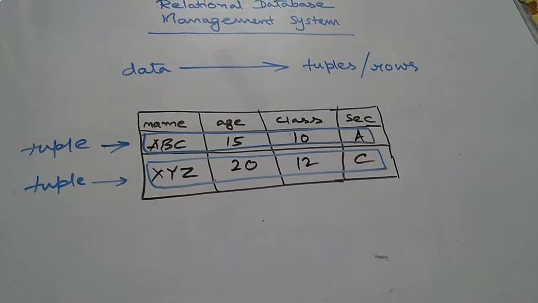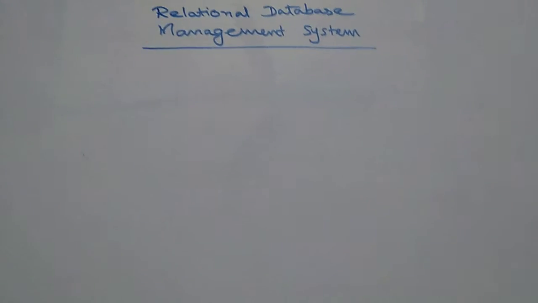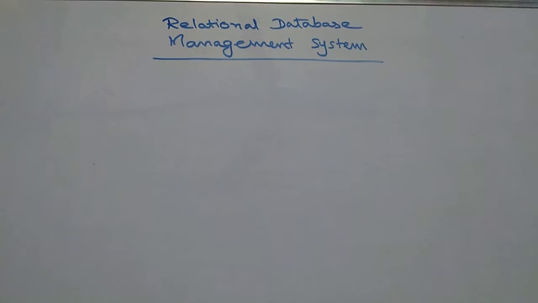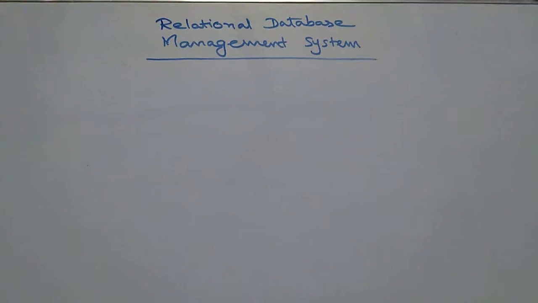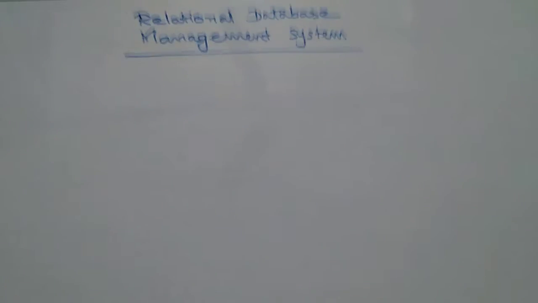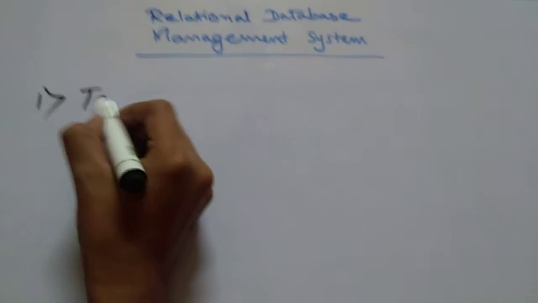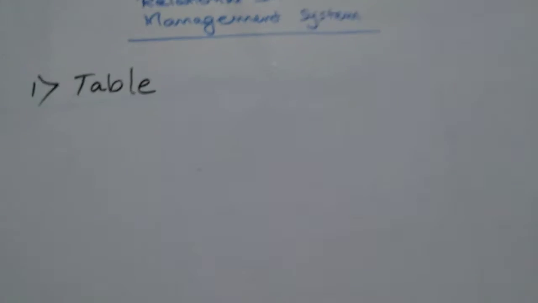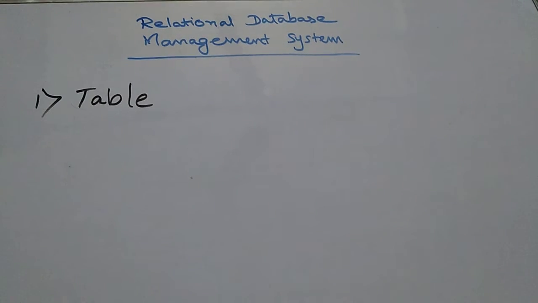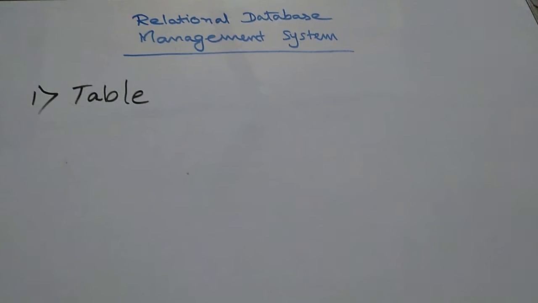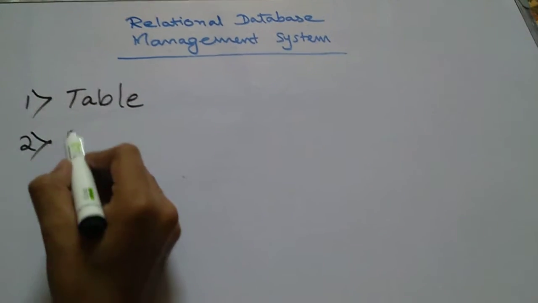Okay. Now, there are certain terminologies in RDBMS which are very important when you will learn SQL. So let's start with them. The first one is table. What is table? Table is nothing but a collection of organized tuples. The second one is fields.